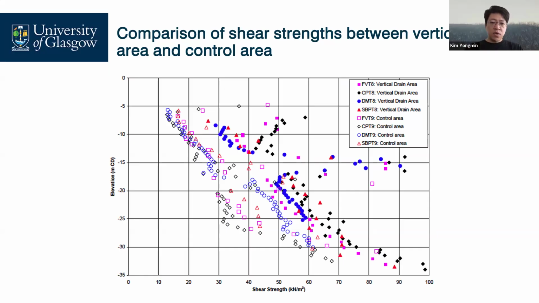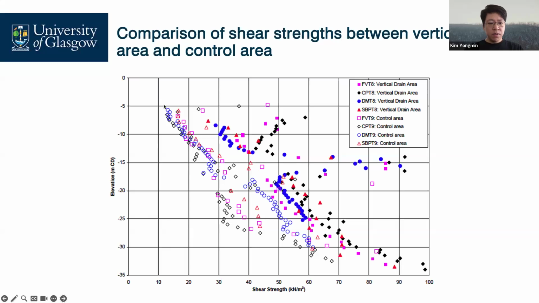Right now, this one is the shear strength for cohesion in kilopascal. This hollow one is before consolidation, the control area.